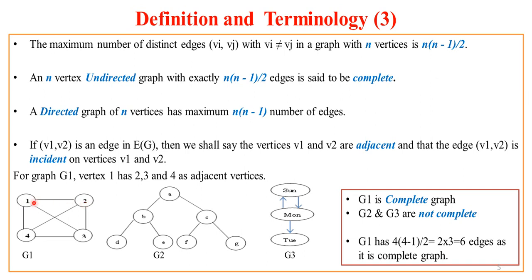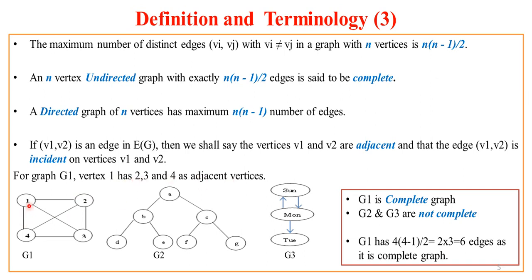So here it forms an edge, which is an edge belonging to the set of edges of this graph, and moreover this edge is incident on both the vertices 1 and 2. Now here for graph G1, vertex 1 has 2, 3 and 4 as adjacent vertices.